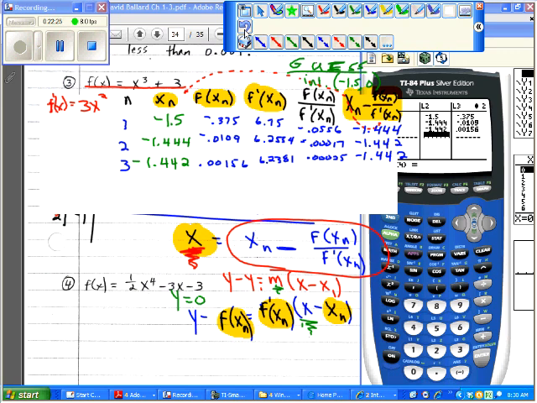So we are less than 1,000th discrepancy. So we're going to say, well, we must have gotten to that approximate zero. So we're going to say my approximate zero is negative 1.442. Now we guessed it at negative 1.5, so we weren't bad on our guess. But understand what we did.